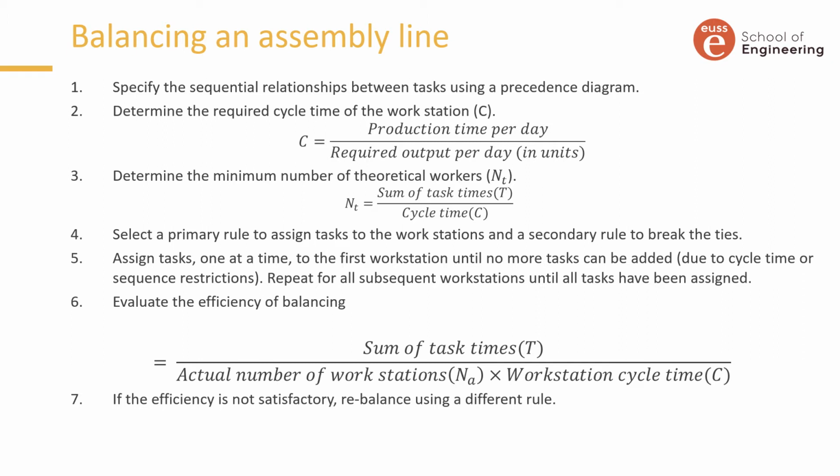But in the real world, if you want to balance an assembly line, after detecting and knowing the tasks, it will be easier for you to depict these items in a graphical form to understand better what these relationships are.